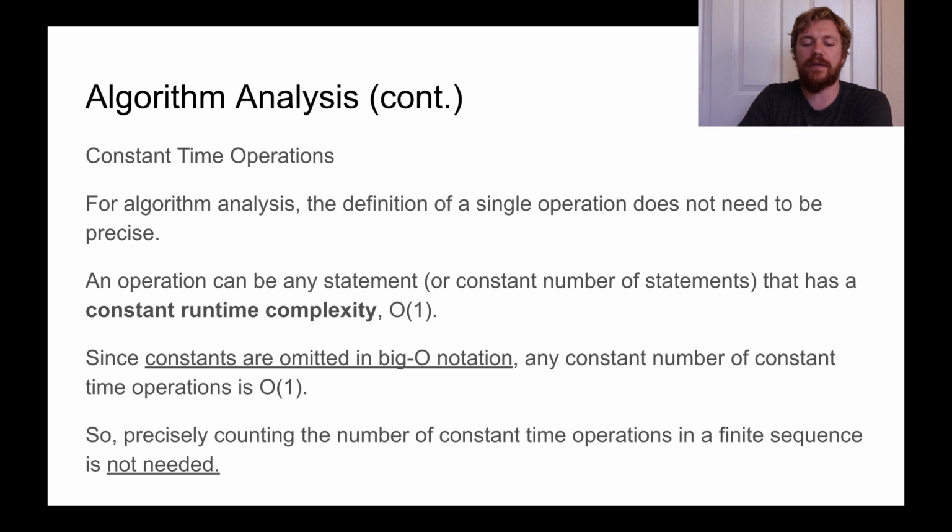Those are statements that have a runtime complexity of big O of 1. Since constants are omitted in big O notation, any constant number of constant time operations is big O of 1. And so precisely counting the number of constant time operations in a finite sequence is not needed. In other words, what they're saying is we can just lump together all of the finite, or all of the constant statements as just big O of 1.